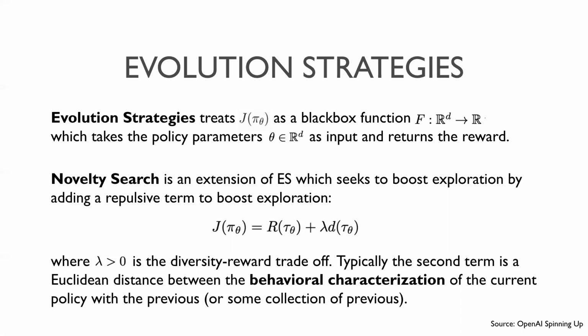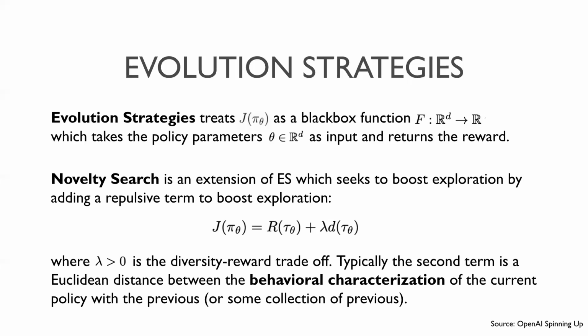So this method is an extension of evolution strategies, and the idea is it tries to boost exploration by adding a term that you can see on the slide. So instead of just optimizing for the reward, we also add a novelty type of term, which measures the distance of the current new policy that we may be proposing with respect to the previous one. So trying to encourage novelty, hence the name.